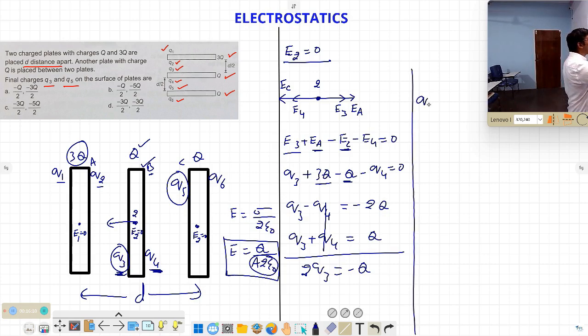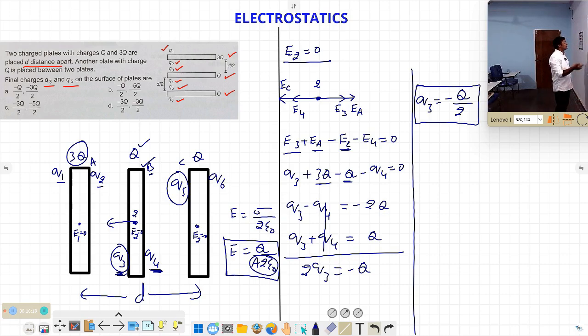Q3 is equal to minus Q by 2. Now look at the options. The Q3 value is minus Q by 2. The first option has it, and the second option also has minus Q by 2. The third is no, the fourth is no. So the third and fourth options are not correct, and we have narrowed it to the first and second options.